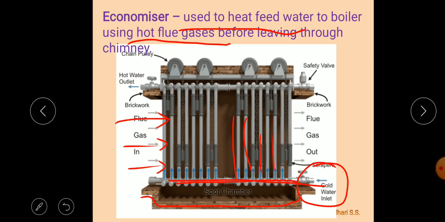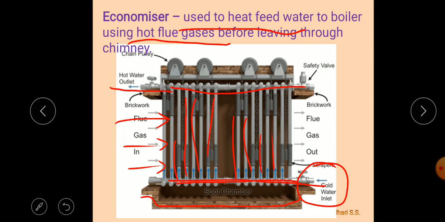The flue gases have a higher temperature than the water provided, so this heat heats the tubes, and the tubes supply it to the water. The hot water rises in these parallel tubes and is collected in the top header. From this top header it is supplied to the boiler. So here the waste heat of the flue gases is utilized to heat the water.